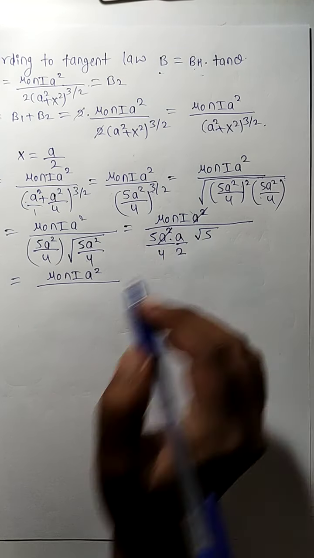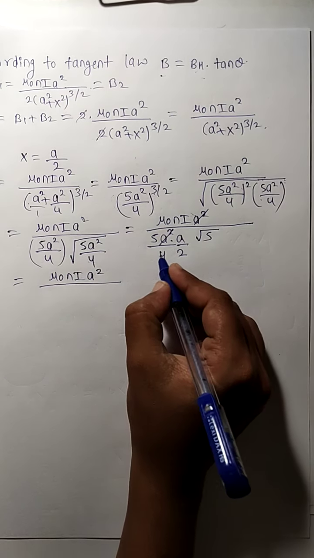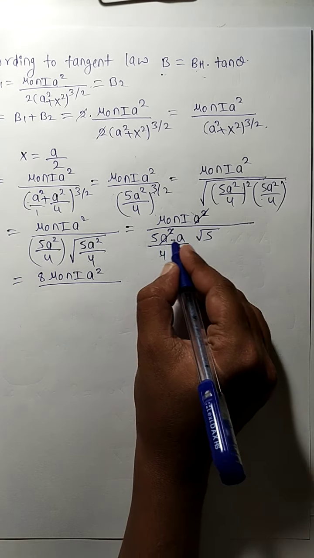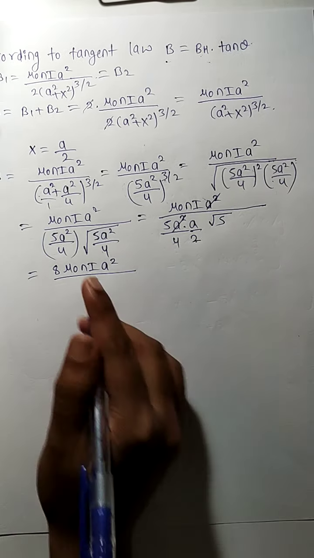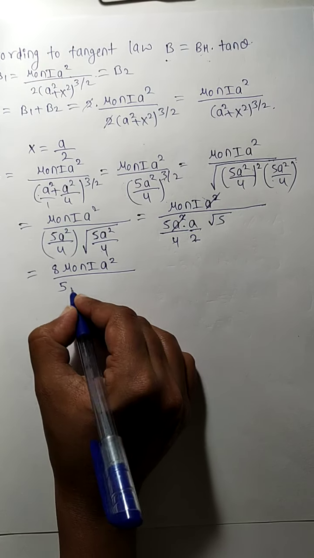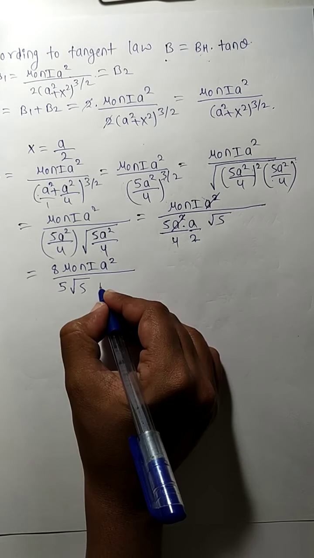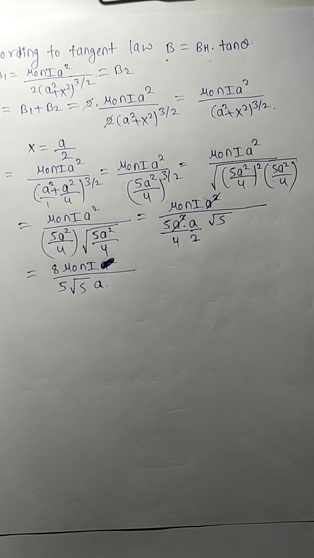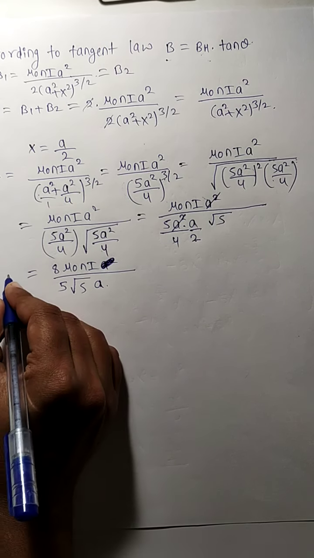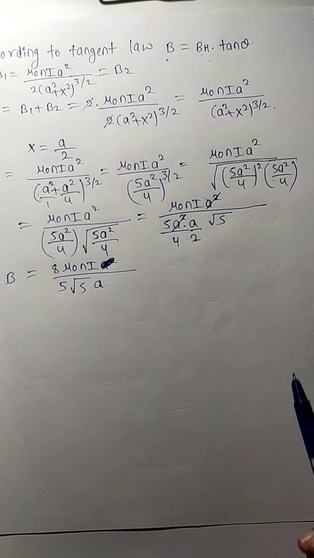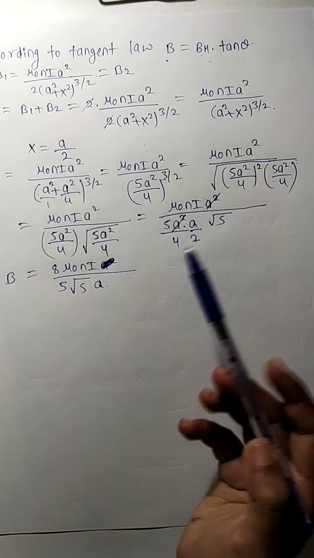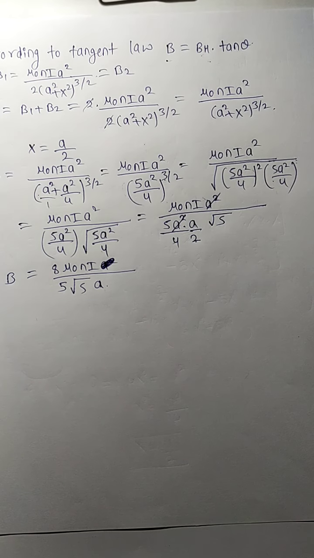Here this A square gets cancelled, and 4 into 2, 8, will go to the numerator. So we got the total magnetic field equal to 8 mu naught N i divided by 5 square root of 5 A, because A square got cancelled.